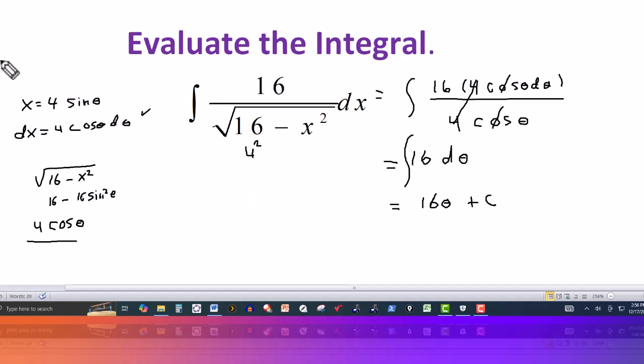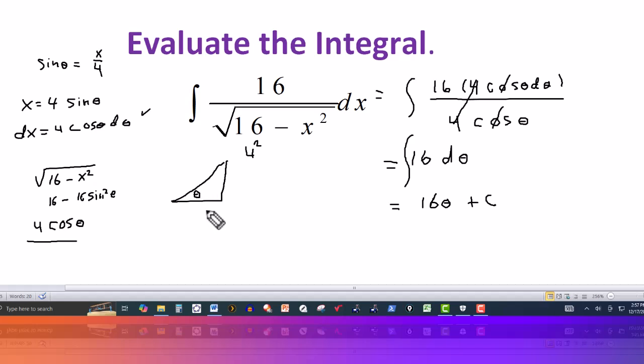And remember from here, the initial substitution, we know that sine of theta is equal to x over 4. So we generate a right triangle here. Call this angle theta.